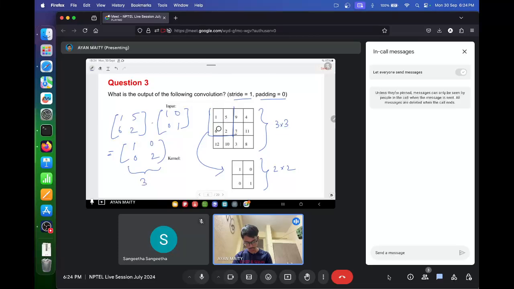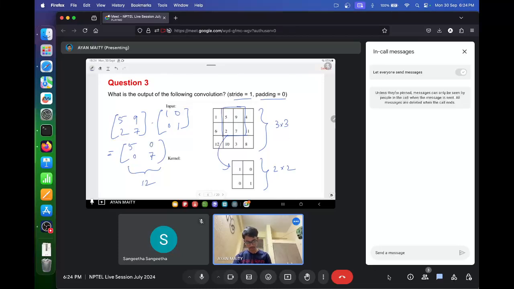Then stride is 1, so we have to move this window to the next 2 by 2 matrix here in this input, and then again do the pointwise multiplication with the kernel, and then take the sum. So the new window is 5 9 2 7. So the pointwise multiplication would be 9 0 0 7. So the sum would be 12 for this matrix.